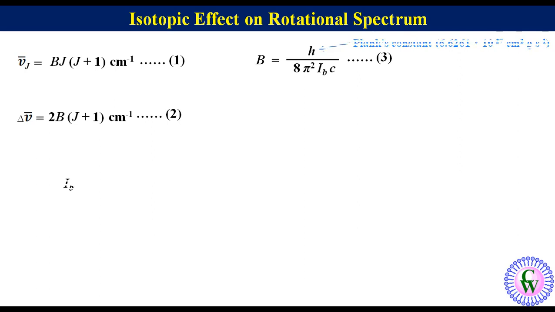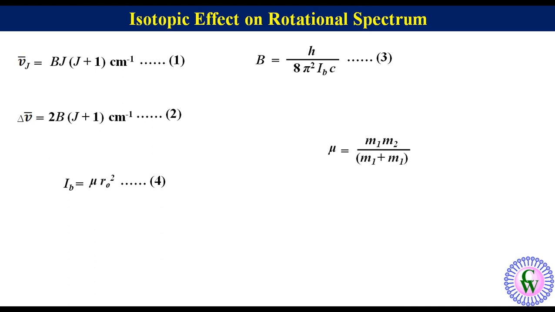The moment of inertia Ib is equal to mu r0 square. This is equation number 4, where mu is reduced mass and r0 is the bond length. The reduced mass depends on atomic masses of the two atoms, as mu is equal to m1 into m2 upon m1 plus m2.